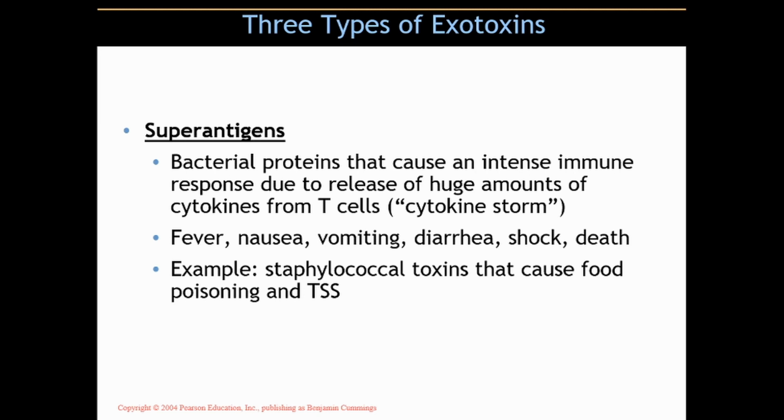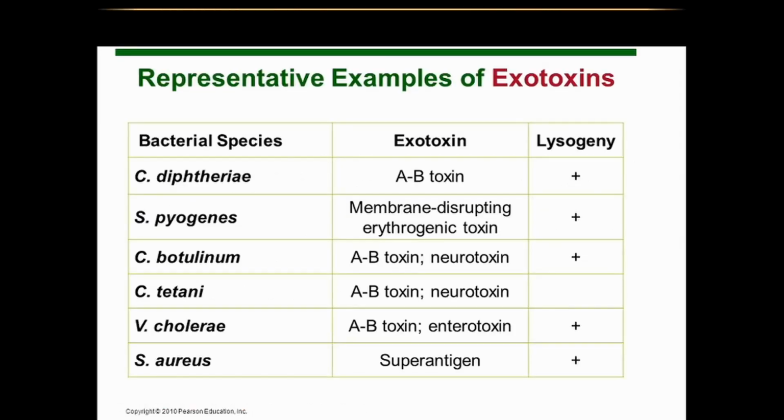Another example I give are the staphylococcal toxins that cause food poisoning and toxic shock syndrome. These are superantigens, and they cause a boatload of cytokines to be released from T cells. We call that a cytokine storm.